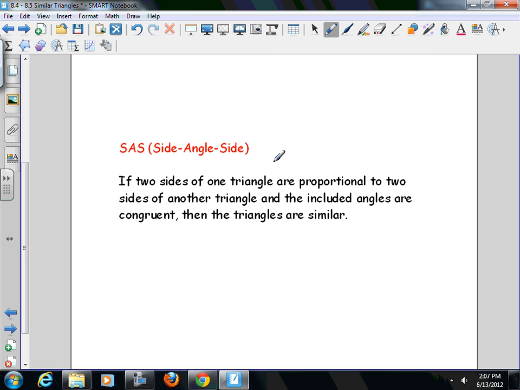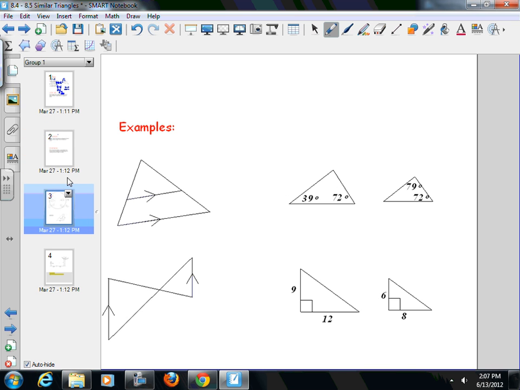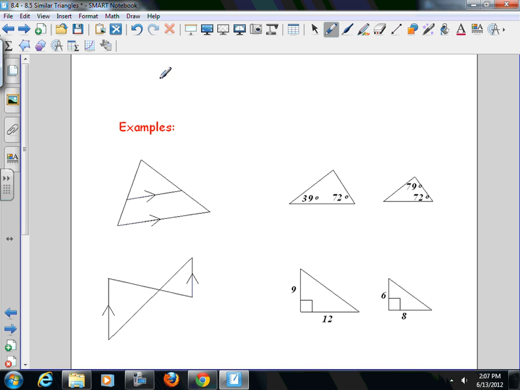It's kind of similar, except now we're talking about sides being proportional rather than congruent. We'll see how these work in just a moment. We will be moving on to some examples right now. So the question that you're going to be asked is, are the triangles similar?